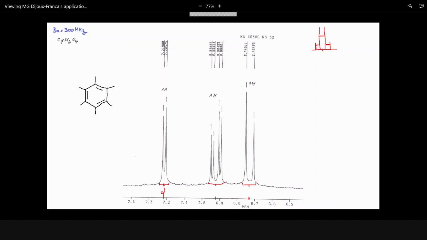That means we have a coupling with 3 equivalent protons, and the 2 lines in the middle are 3 times higher than the lines on the side. It's not the case here, right? So in this case, I would say it's 2 different doublet shapes. The integration says that all of this is for 1 proton.